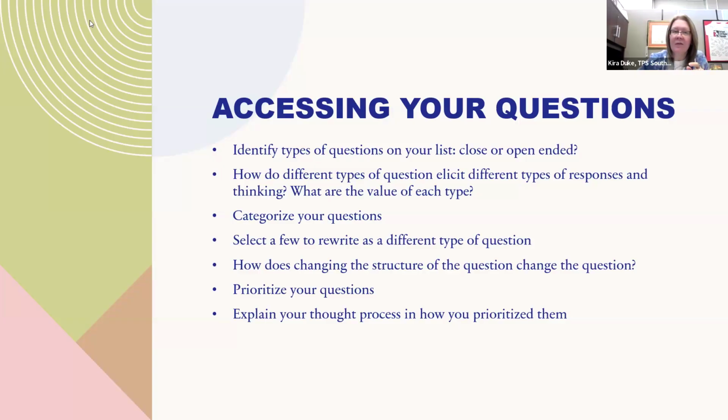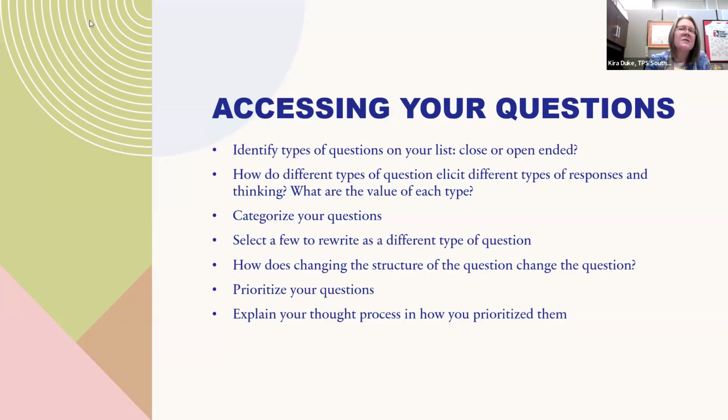Before we think about whether ours are open or closed, it's worth thinking about what we mean by open and closed-ended. Closed-ended questions are those that typically have very short one or two word answers. I like to think of them as the basic who, what, when, where questions, where there is a right and a wrong answer.